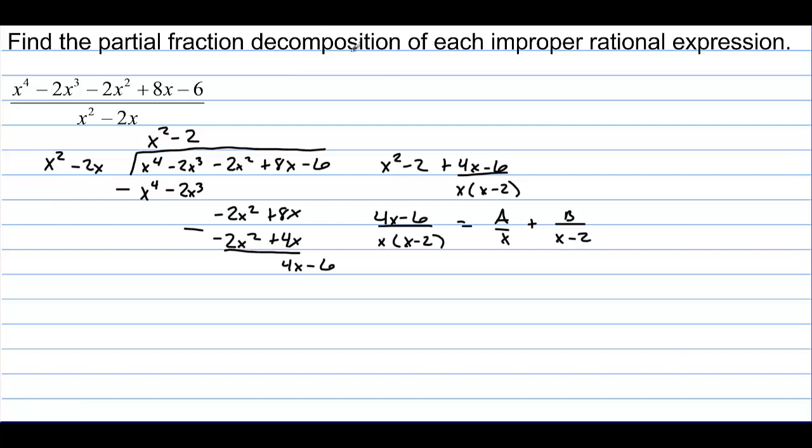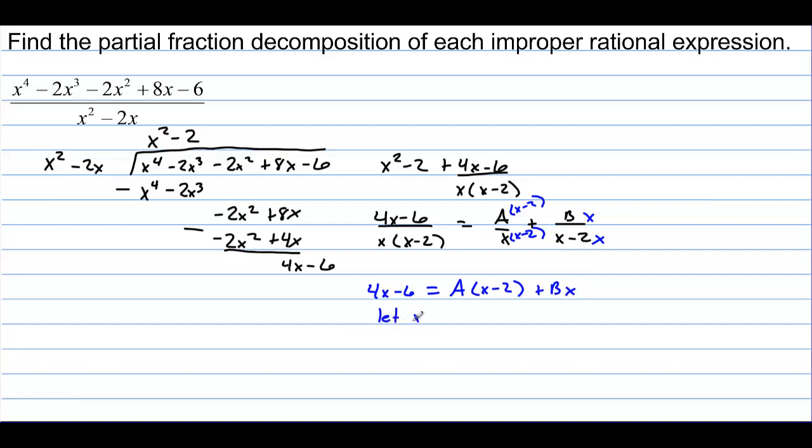Let's get common denominators. We can multiply this one by x minus 2 over x minus 2 and multiply the right one by x. 4x minus 6 is equal to a times x minus 2 plus bx.